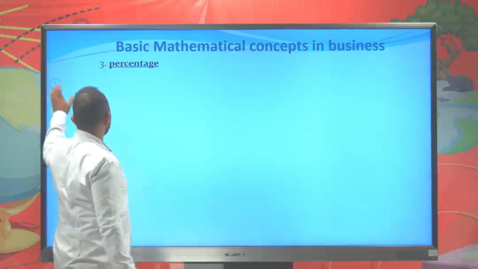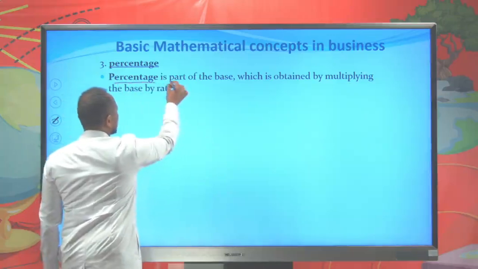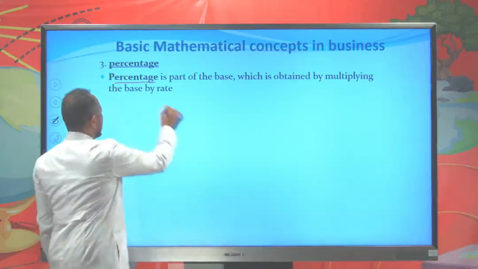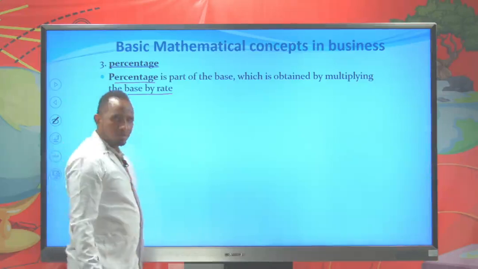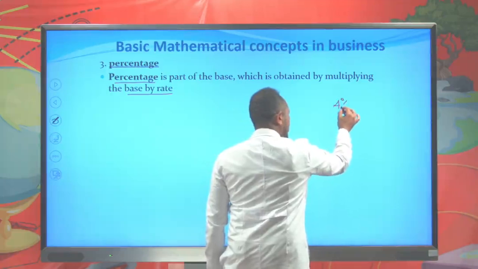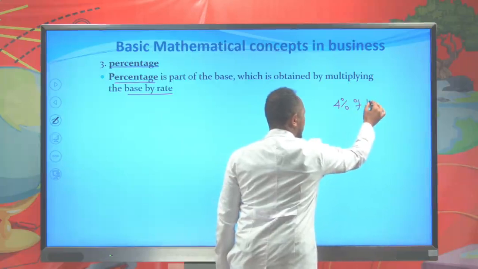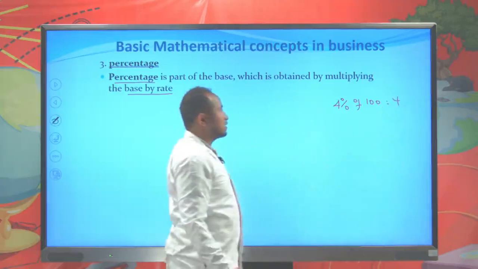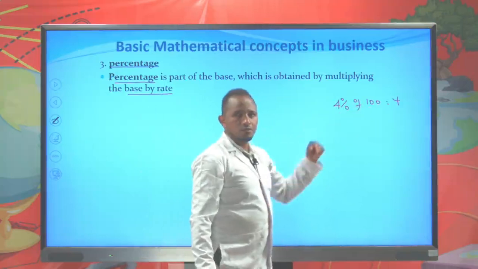Now let's see percentage. Percentage is the part of a base which is obtained by multiplying the base by rate. To explain this, for example, if you have 4%, when you calculate 4% of 100, you get 4% times 100, it gives you 4.